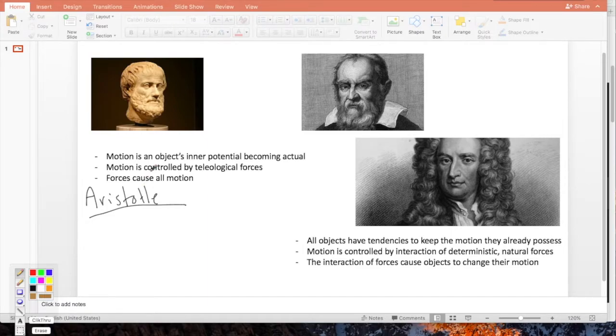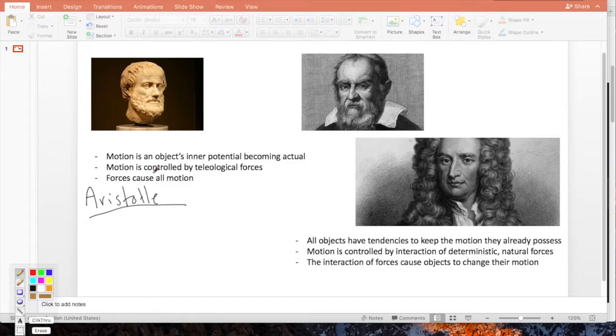He said that every object has some sort of inner potential, and that motion was that inner potential being actualized. He thought that when you pushed a rock to start it rolling down a hill, or when you threw a ball, anything that caused motion, to set an object in motion, you were giving that object some sort of vital motive force or energy.